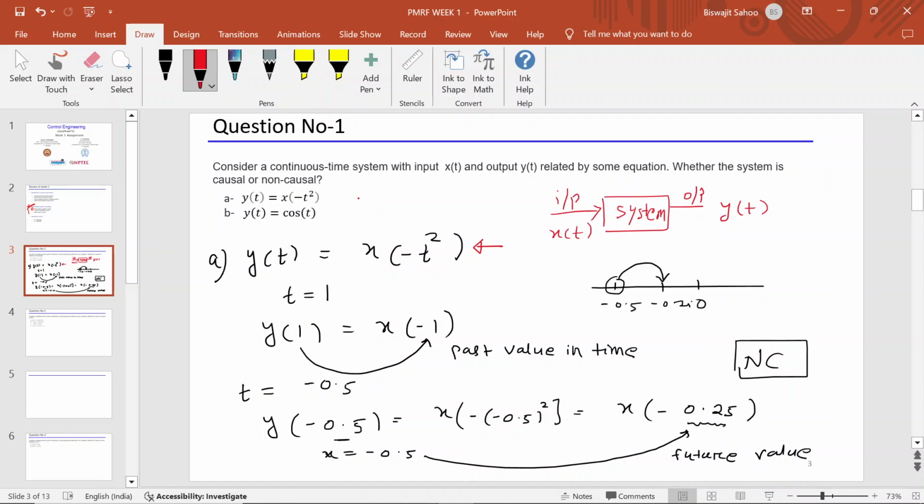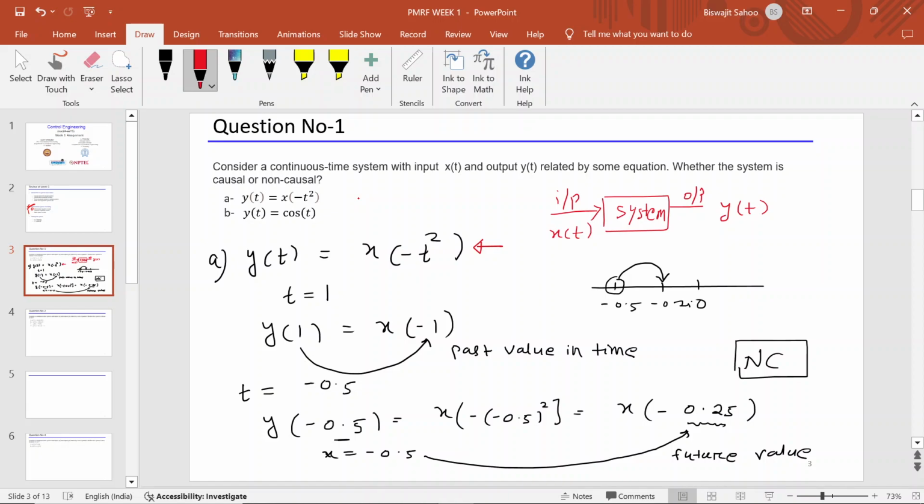They are asking you to verify whether it is a causal system or a non-causal system. So first, what is the definition of a causal system? A causal system is any system whose present output depends on the present input as well as the past input. Then that is called a causal system.